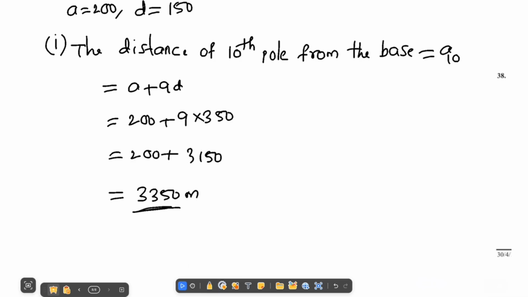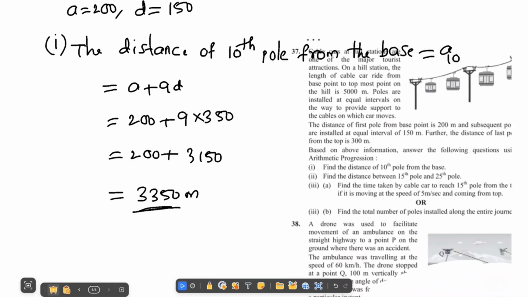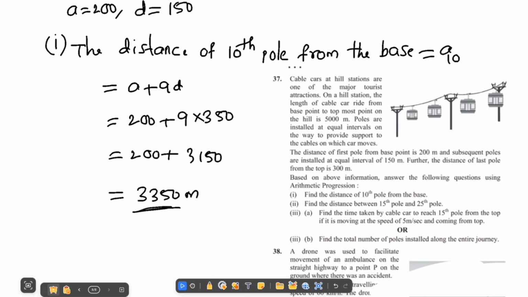Now let's see the second question: find the distance between 15th pole and 25th pole. Means we have to find A25 minus A15, the 25th term minus the 15th term.